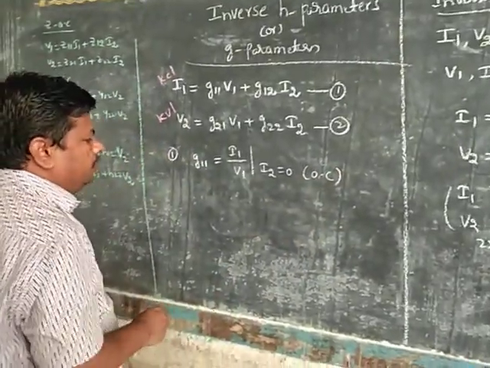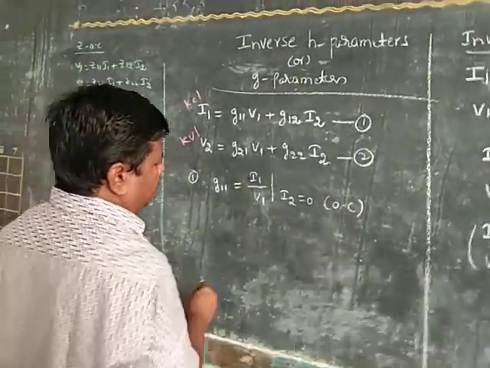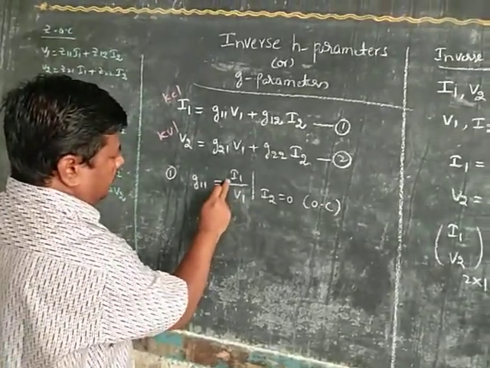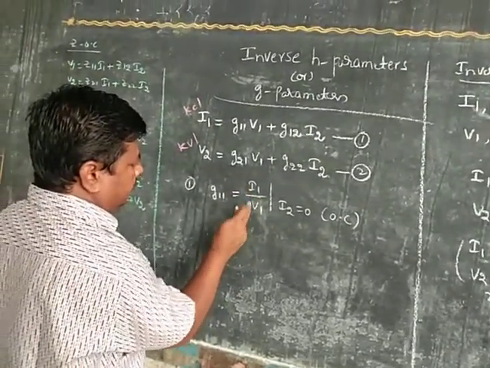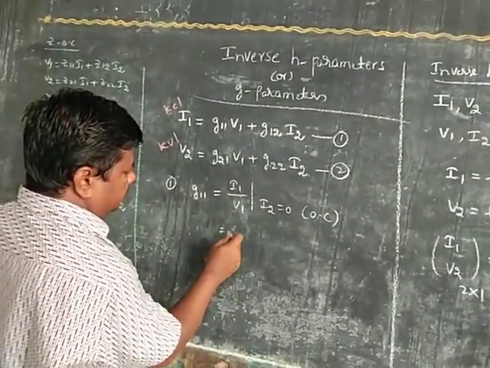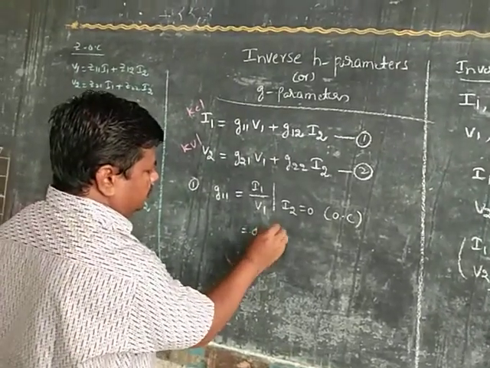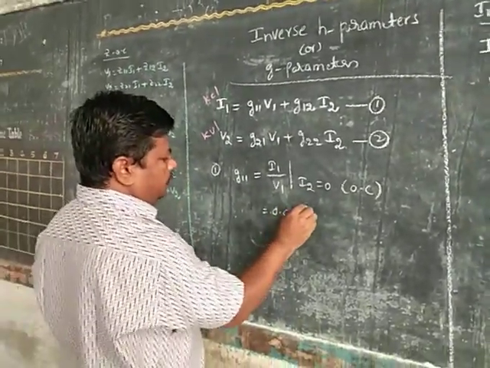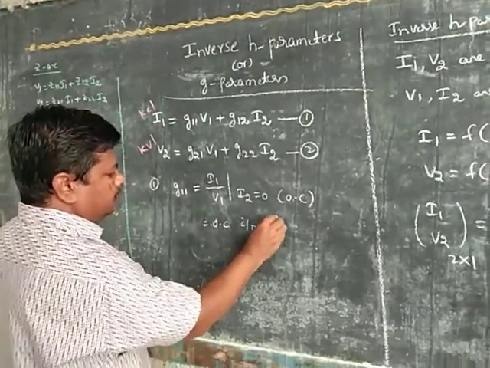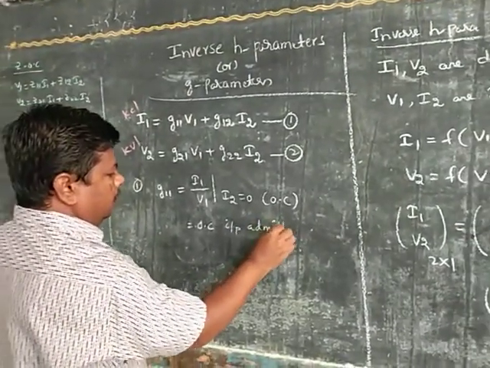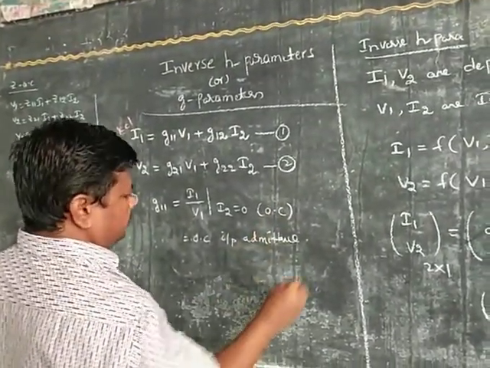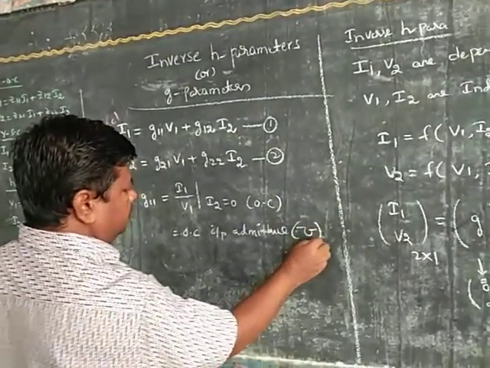V by I is the impedance, I by V is the admittance. That means open circuit input admittance, measured in terms of mhos.